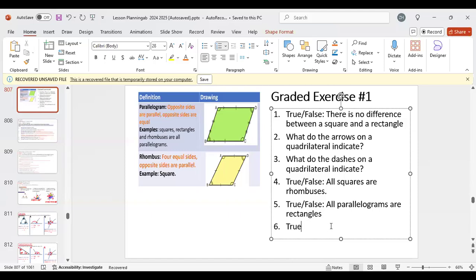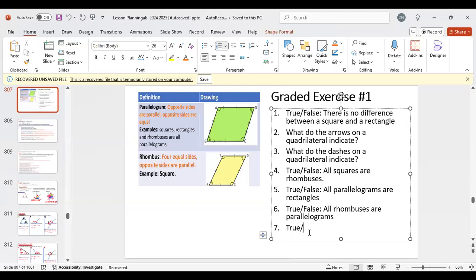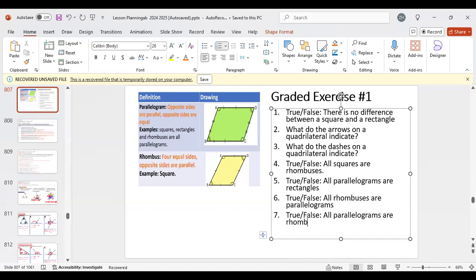True or false? All rhombuses are parallelograms. True or false? All parallelograms are rhombuses.